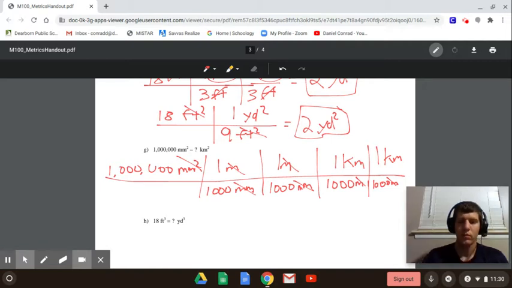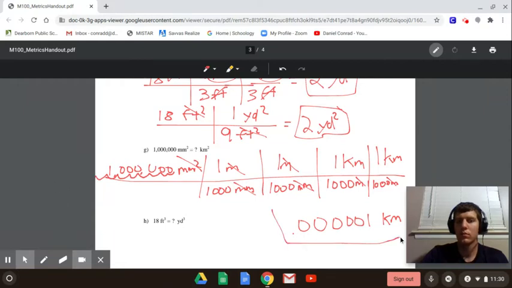Right, and we're left with 0.000001 kilometers. Right, so we're moving to the left 3, 6, 9, 12, which gives us 0.000001 kilometers.